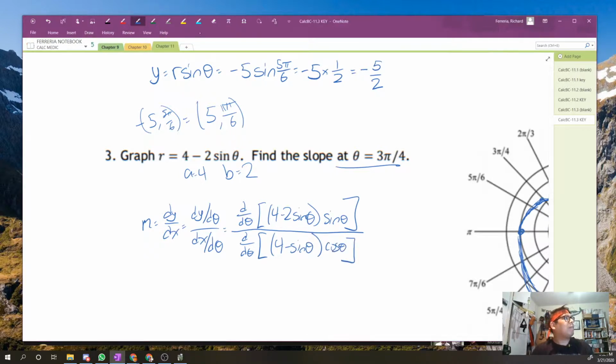And I love highlighting things for you. So again, this is where r is, and this is r, and that is r. We're going to evaluate these when theta equals 3 pi over 4.